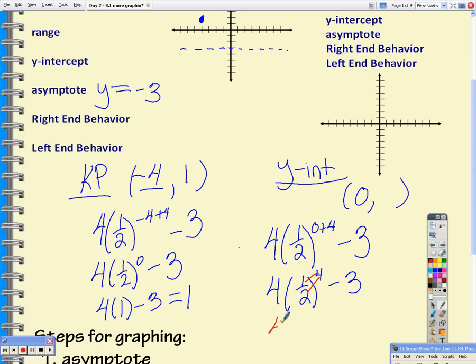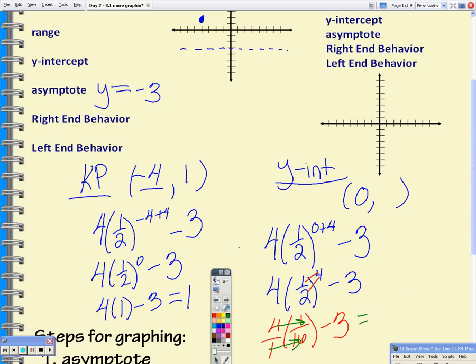So we have 4 times 1/16 minus 3. When we multiply fractions and a coefficient, I'm going to think of it like this: 4 over 1, because I multiply across the top and the bottom. So that's going to give me 4 over 16, which reduces to 1/4.